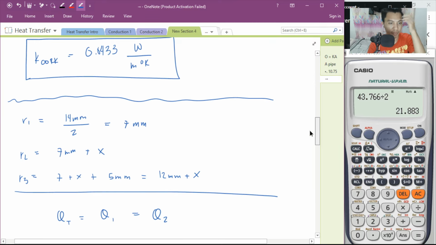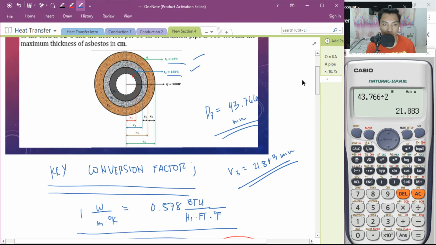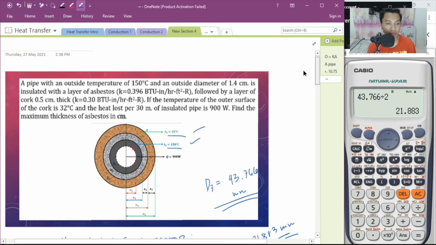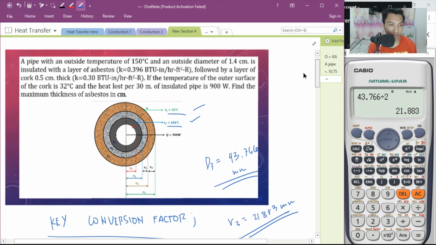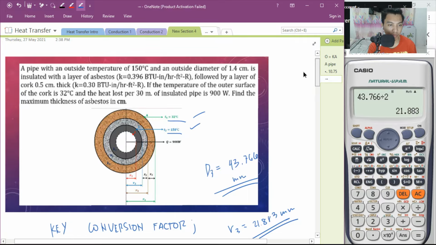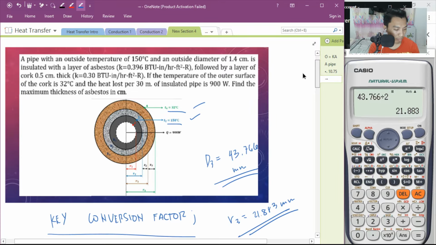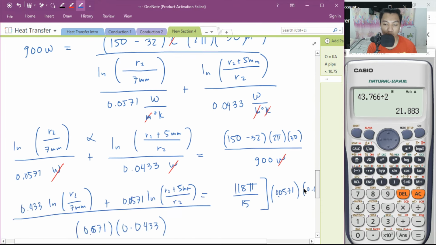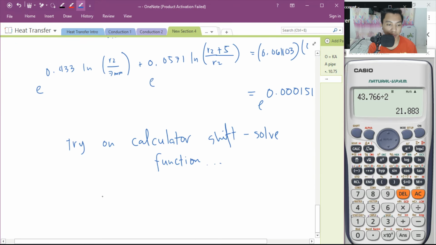Okay? Ganyan lang po katagal. So, I think that will be all for this. So, ang lumabas is R2 is 21.883. Pag nag-shift solve kasi ako dito sa calc yung gamit ko, nagta-turn off siya.